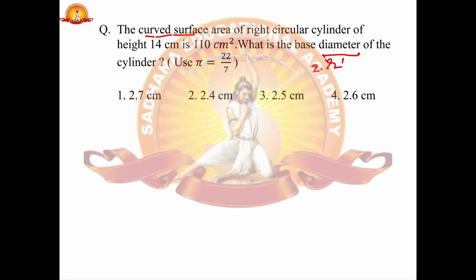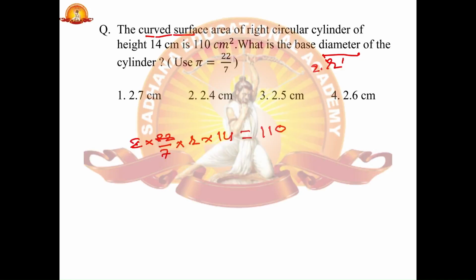So as it is given curved surface area of a cylinder is 2 pi r h. Pi is 22 by 7. R, radius is unknown. Into height is given as 14. The curved surface area is given as 110. I am substituting h value and the curved surface area value to get radius value.